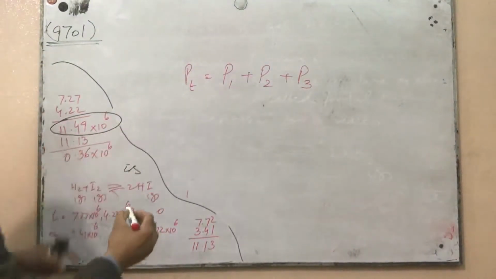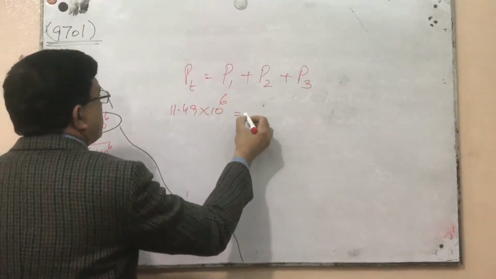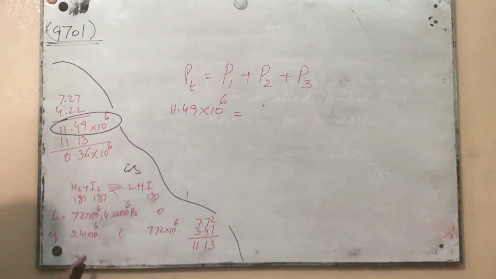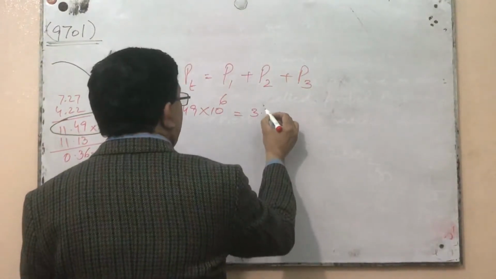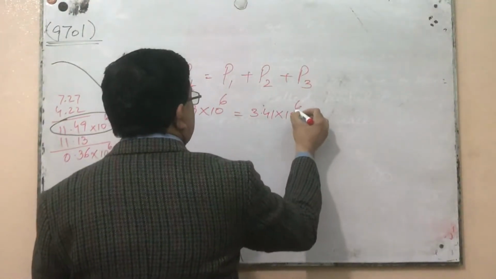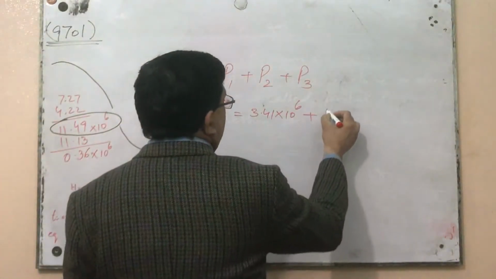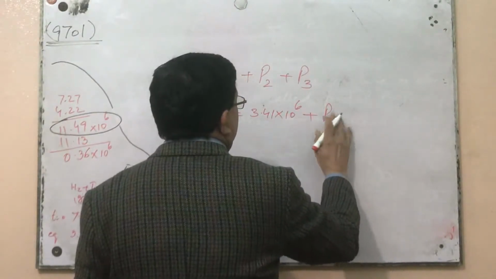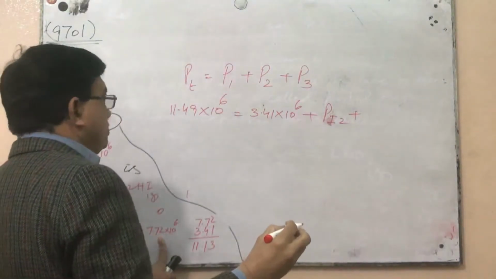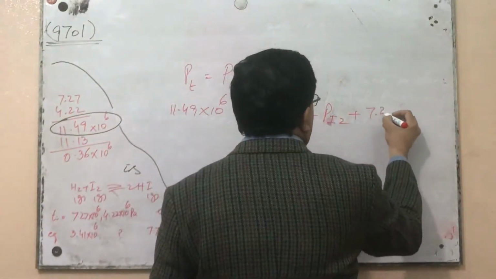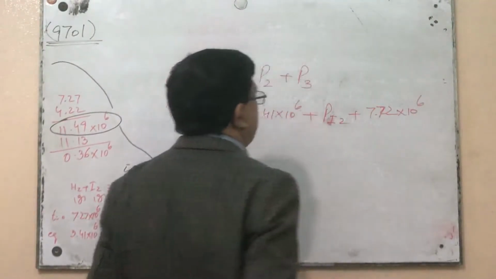Now, if the total pressure is 11.49 into 10 to the power 6 Pascal, then we have the partial pressure of hydrogen 3.41 into 10 to the power 6, plus we have to find out the partial pressure of iodine, partial pressure of I2, plus the partial pressure of HI, which is 7.72 into 10 to the power 6.